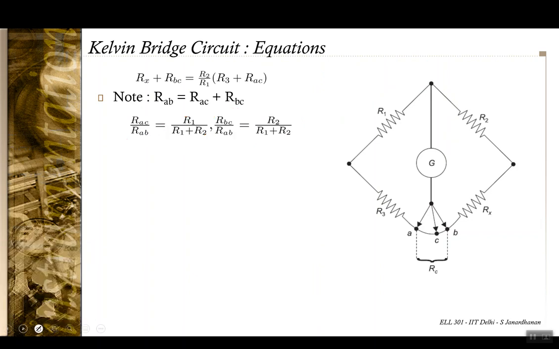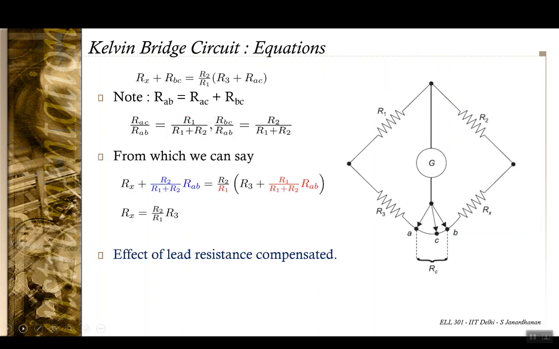That would result in simplifying this first equation and cancelling out the terms that are dependent on the lead resistance, simply because we are assuming that we are able to find a point C such that RAC by RBC is R1 by R2.